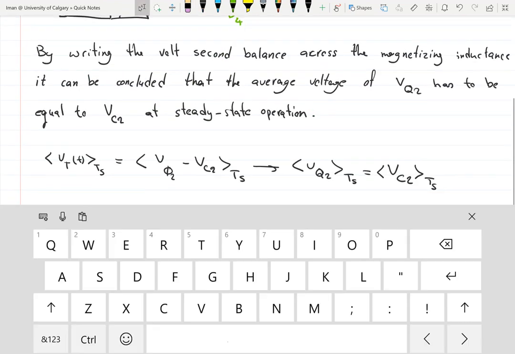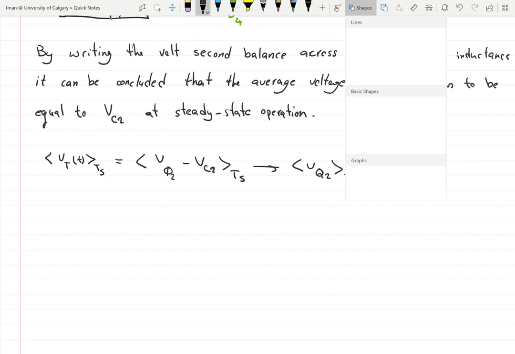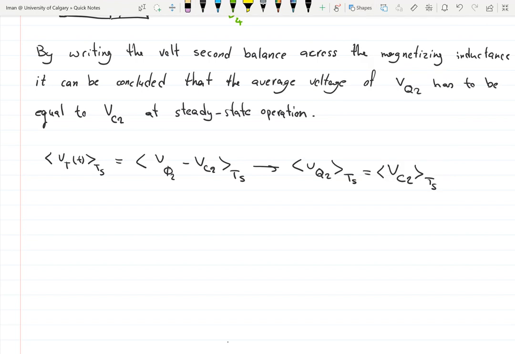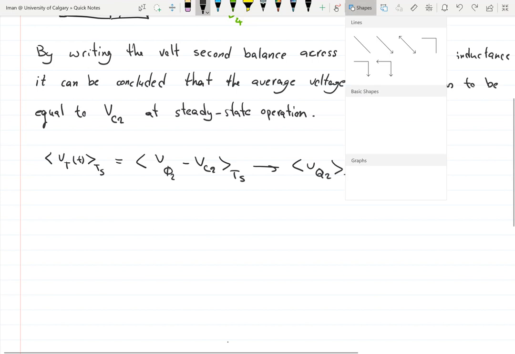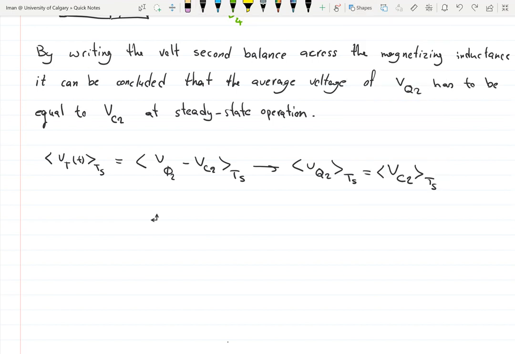And if I draw the Q2 waveform, and let me name this VQ2.